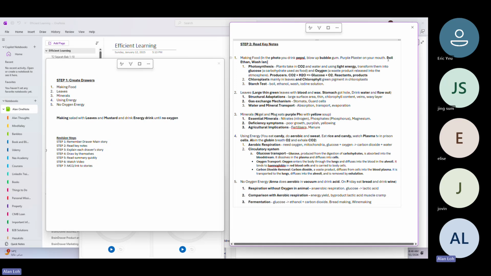And then another part of the story is you boil ethane and wash iron. Right? That is a story. In the photo, you drink Pepsi and you blow bubblegum, and you use a purple plaster, you plaster your mouth, boil ethane, wash iron.